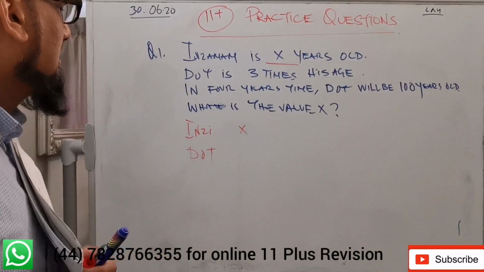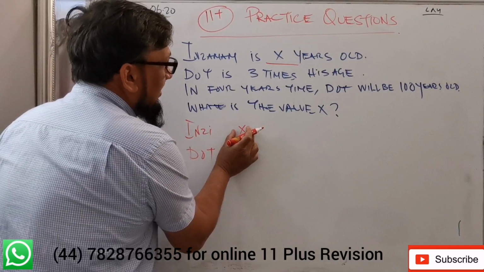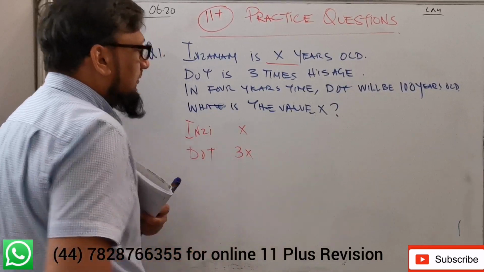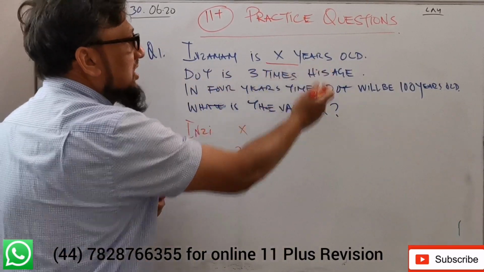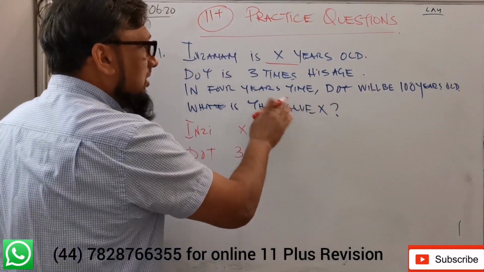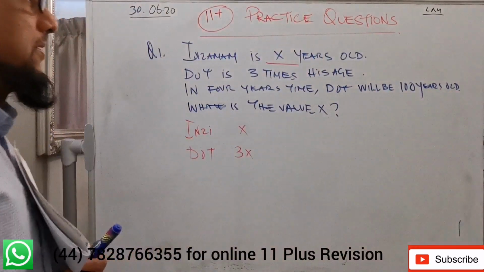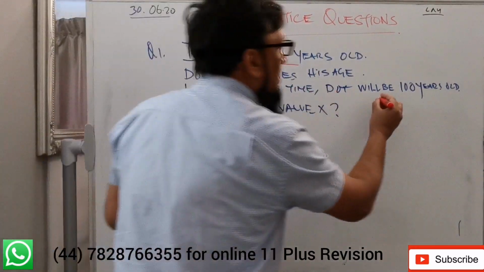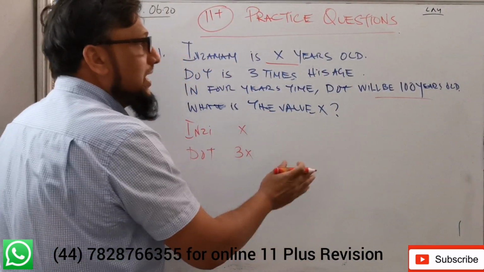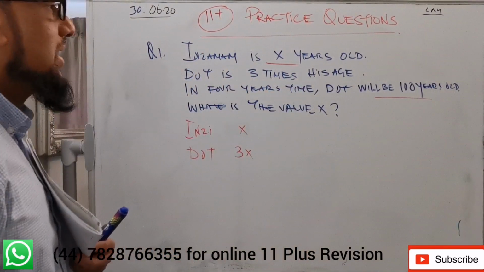If Inzi is X years old, Dot will be 3 times X. It is already said, Dot is 3 times his age. In 4 years' time, Dot will be 100 years old. So they are giving you the information.